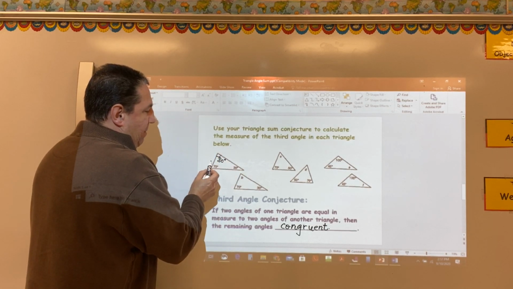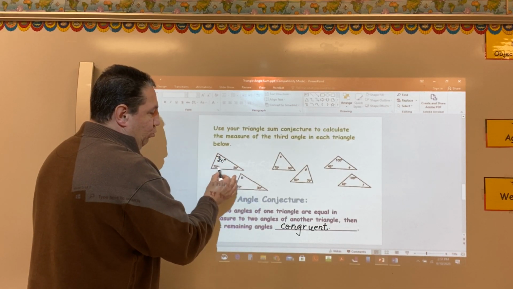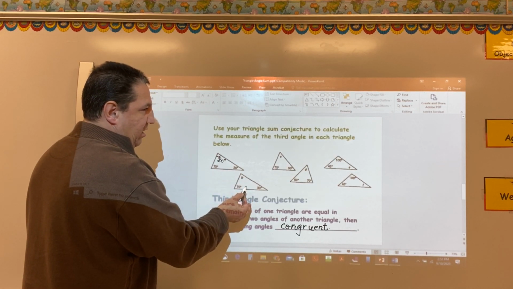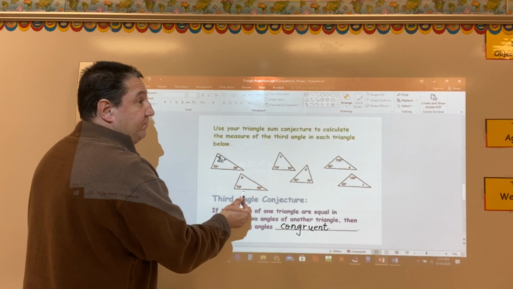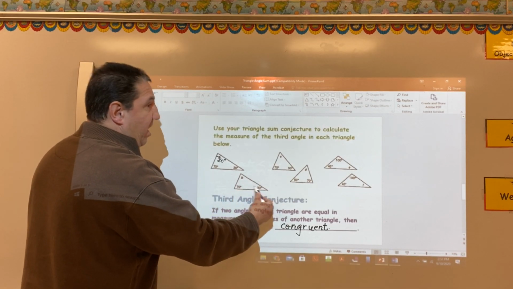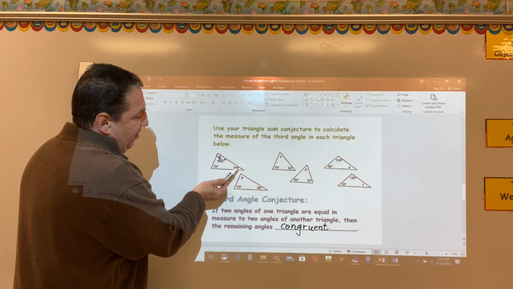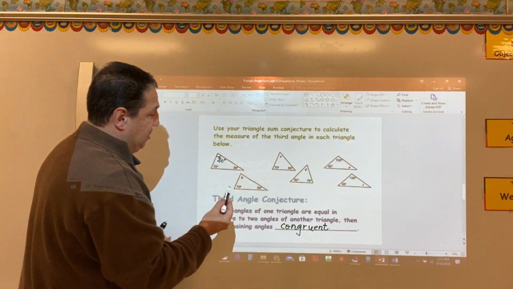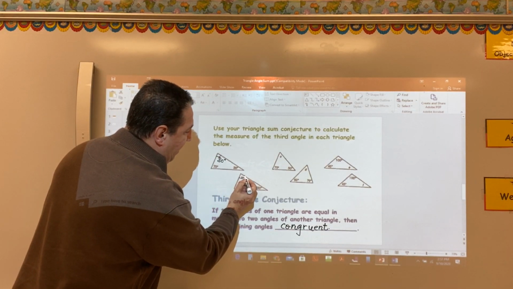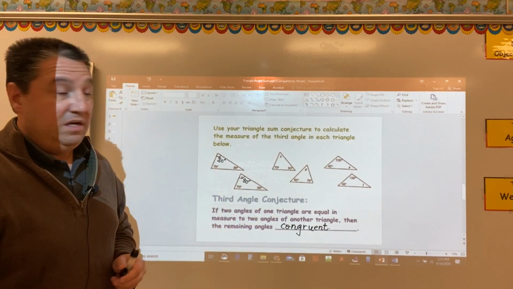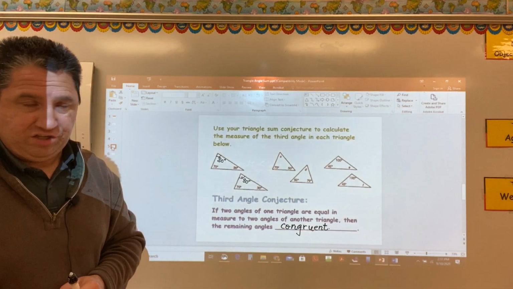Because the two given angles of one triangle are equal in measure to the two angles of the other triangle, automatically the third angles are the same. So we conclude angle B is equal to 80 degrees, according to this conjecture.